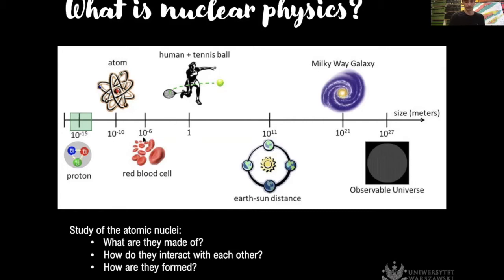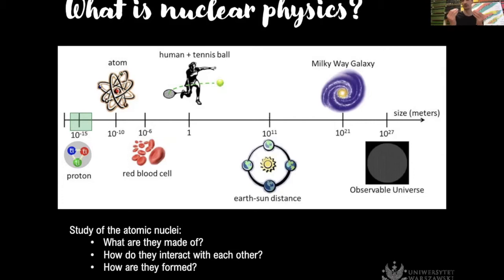Those particles, contrary to what was thought at the time, are not fundamental particles, but are particles composed themselves of smaller particles, namely the quarks. But in the case of nuclear physics, this scale is not relevant. Then we are also interested to understand how they interact with each other.